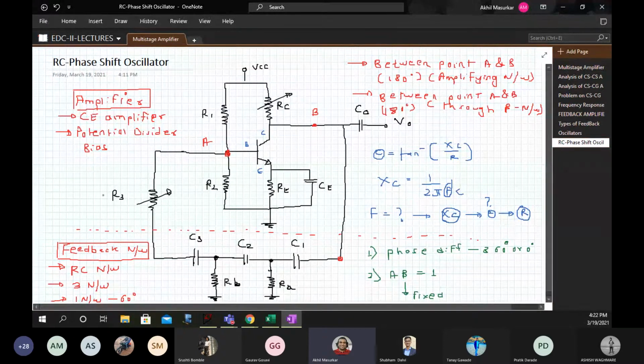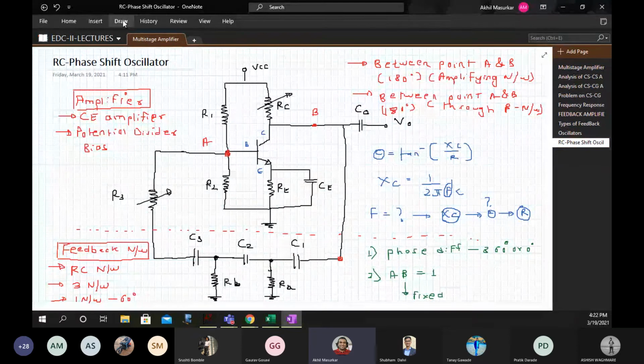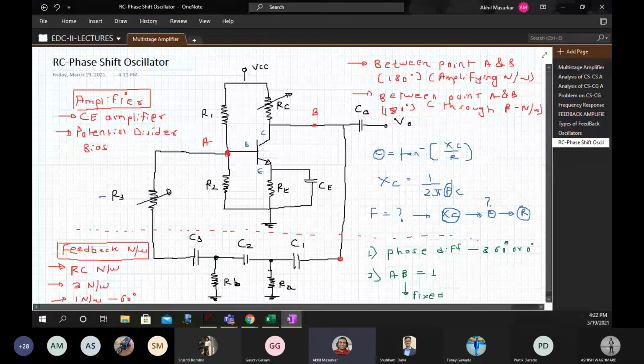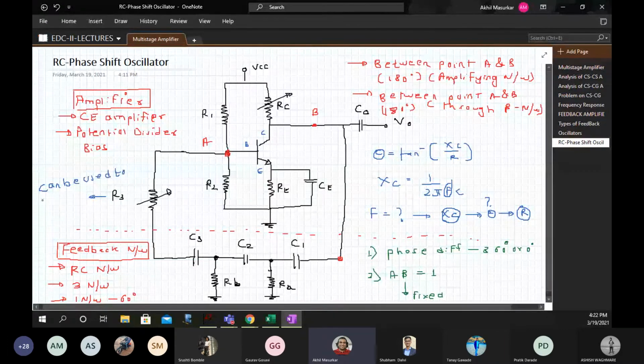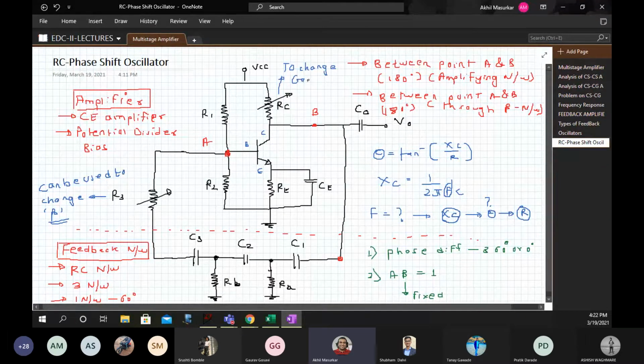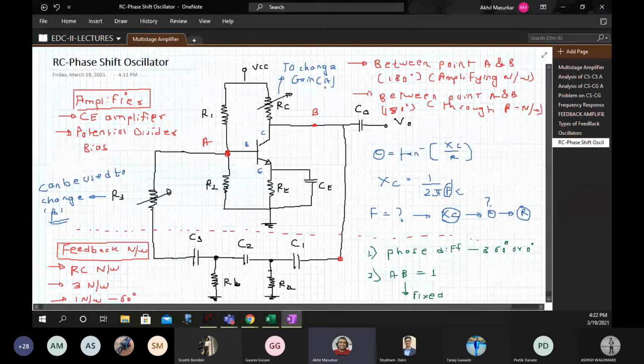What you can do is change beta. R3 can be used to change beta, and RC can be used to change the gain, that is A. So in this circuit you can see we have control over both A and beta.